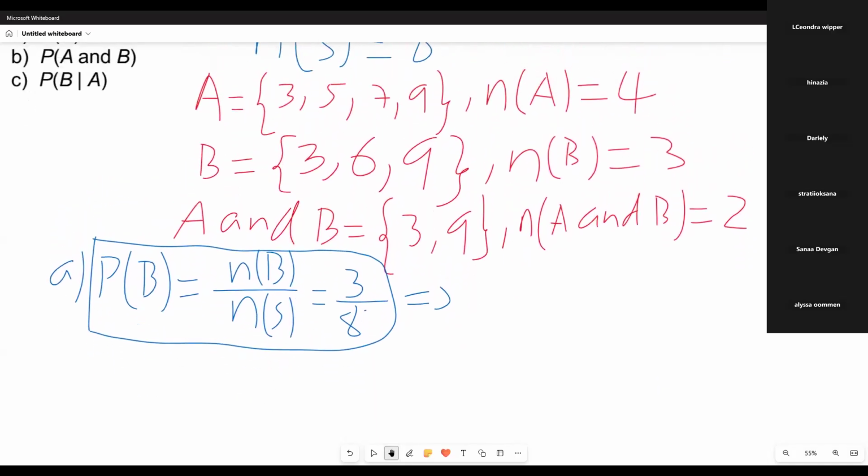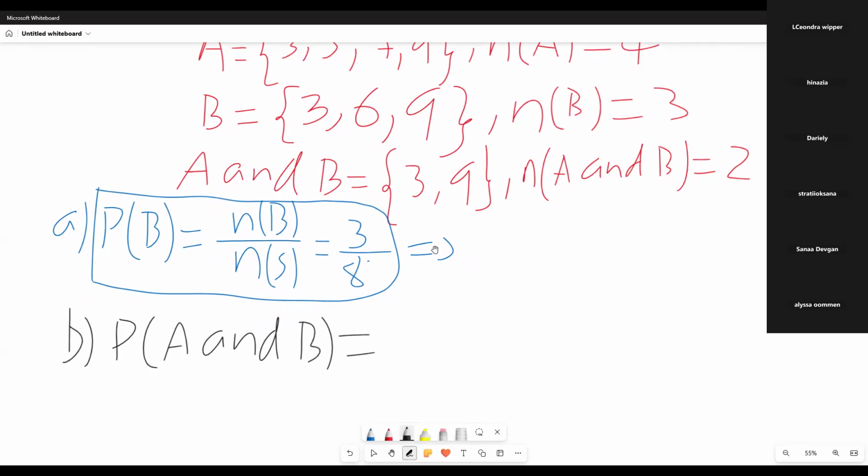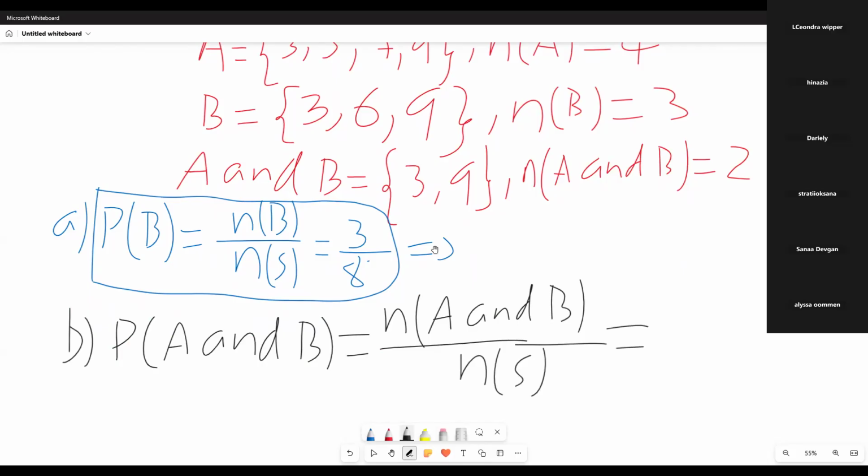Now they also ask to find P of A and B. P of A and B will be n of A and B over n of S. So that's 2. It's 2 over 8.